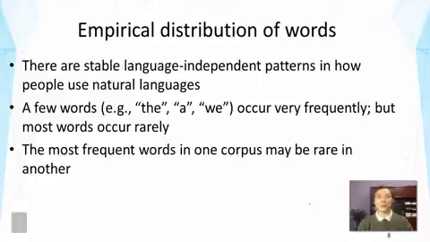But most words would occur just rarely. There are many words that occur just once, let's say, in a document, or once in a collection. There are many such singletons. It's also true that the most frequent words in one corpus may actually be rare in another. That means, although the general phenomenon is observed in many cases, the exact words that are common may vary from context to context.